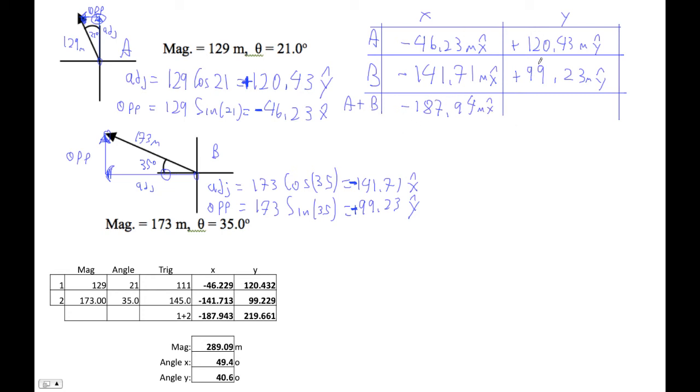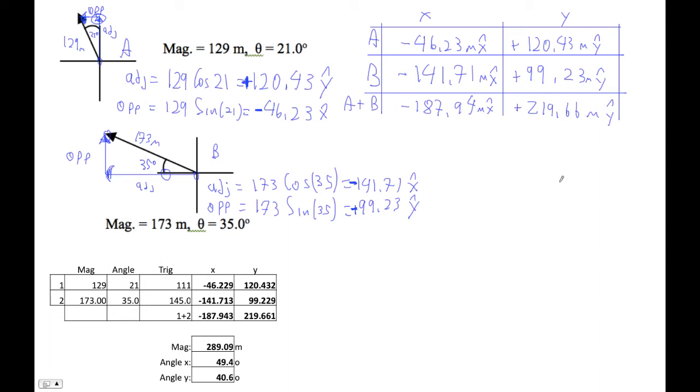And then we're going to add these guys, 120.43 plus 99.23, 219.66. And that's meters in the y direction. Positive that, right? Okay. Now we're set.